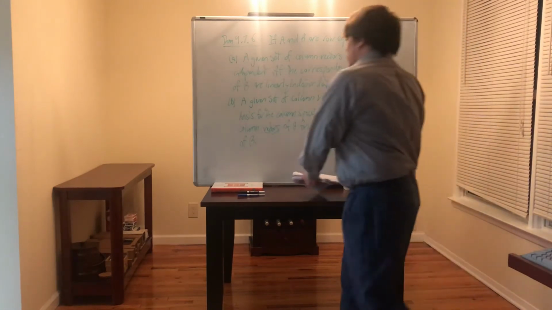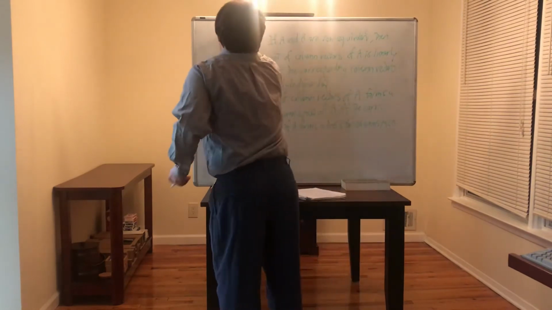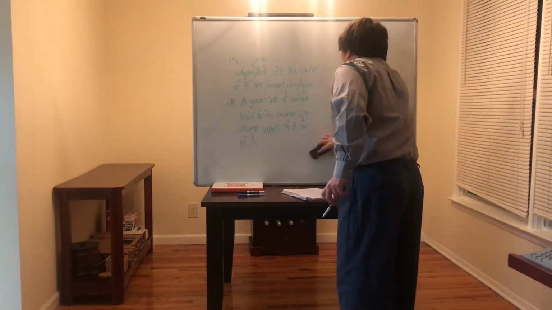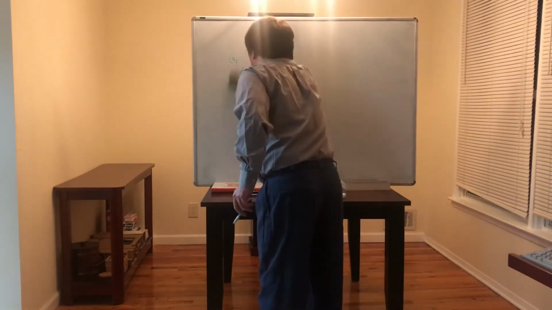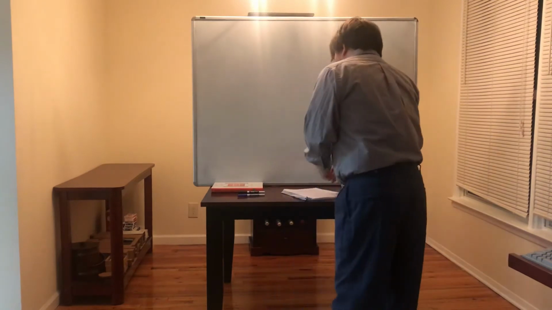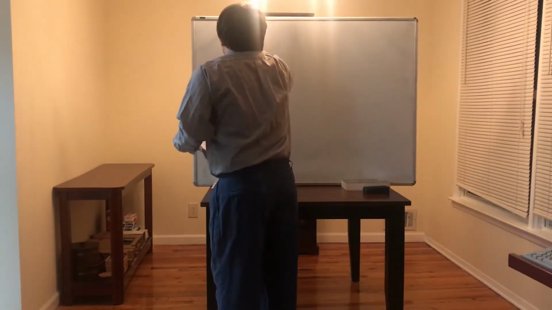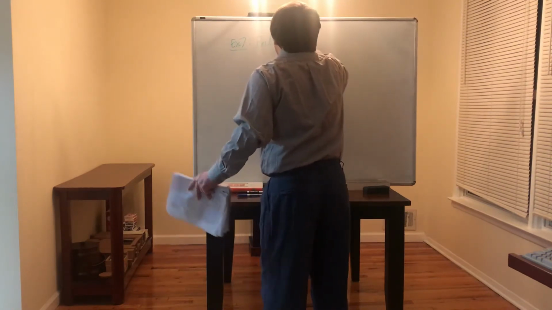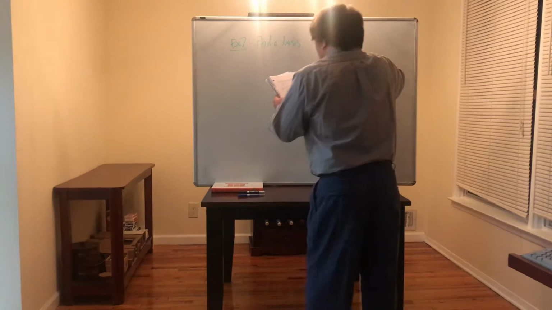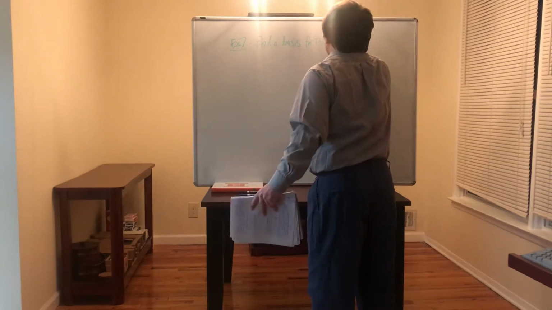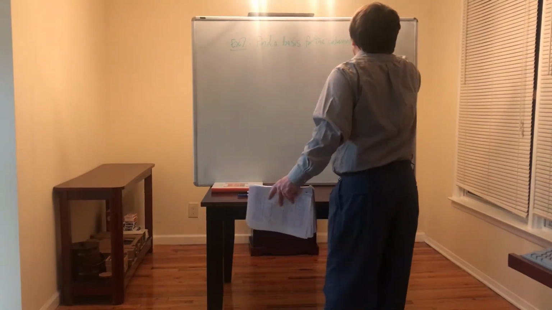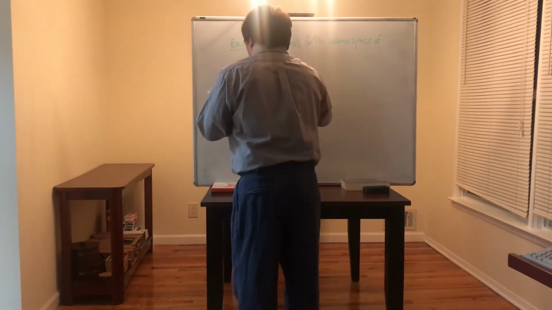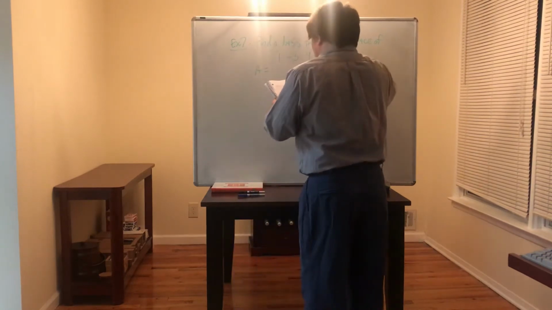Okay, so now let's do Example 7. Find a basis for the column space of A, which is equal to 1, -3, 4.